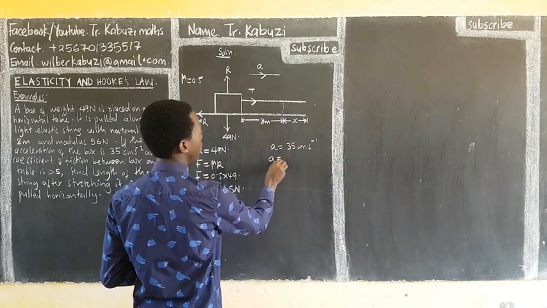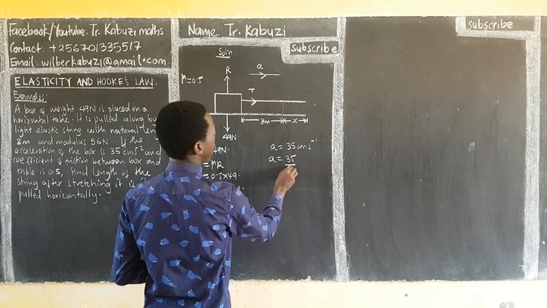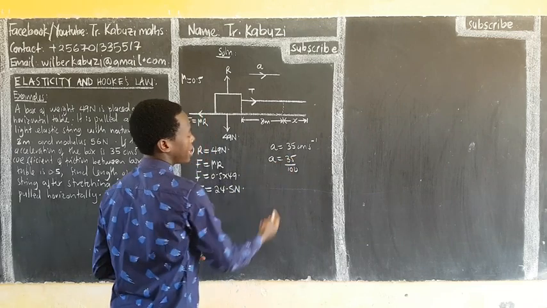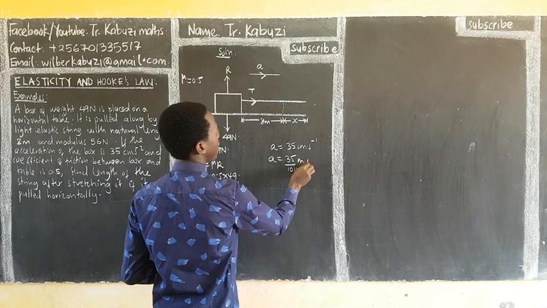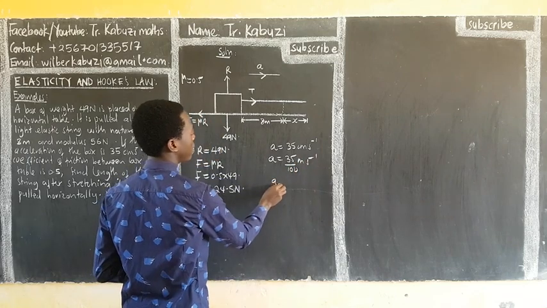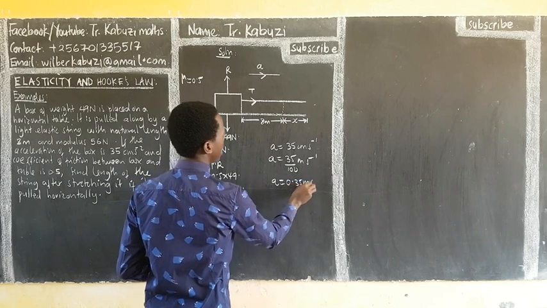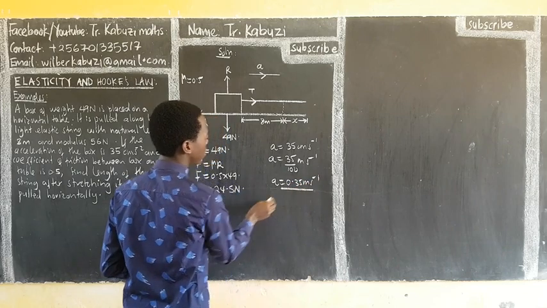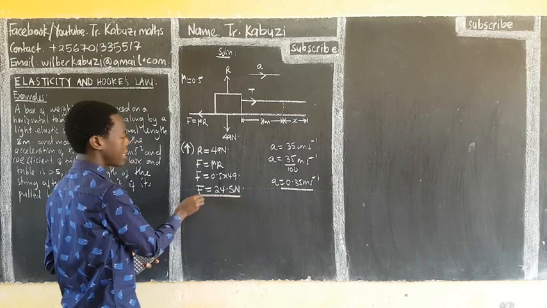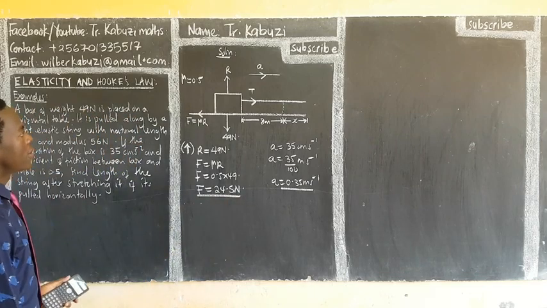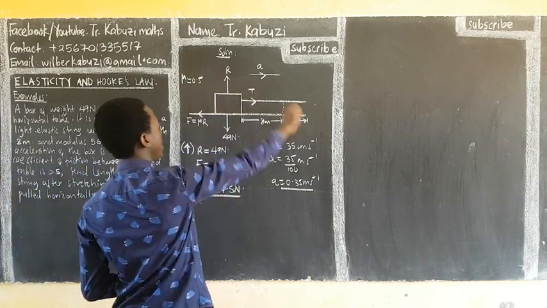So our acceleration is going to be 35 over 100, maybe every centimeter is 1 over 100 of a meter. So this is going to be 0.35 meters per second squared. So now our acceleration is also in meters.